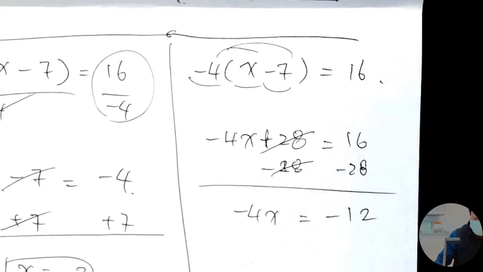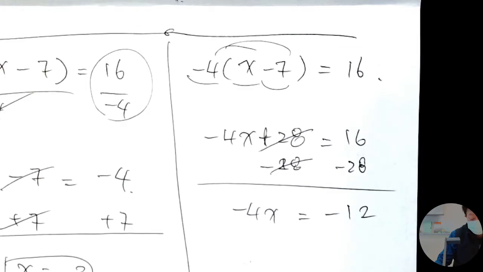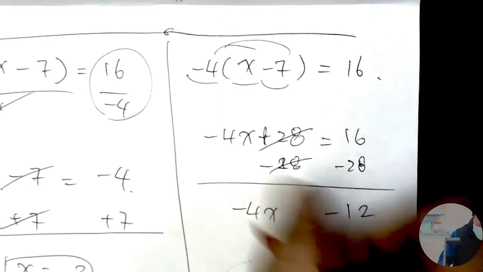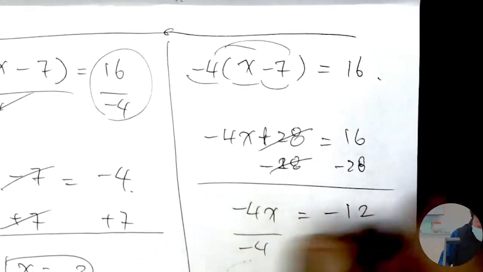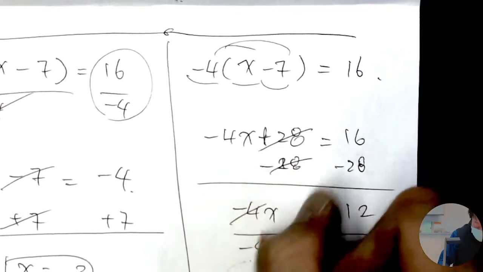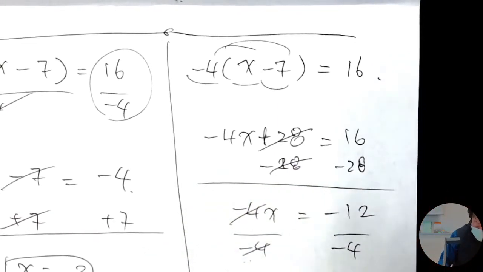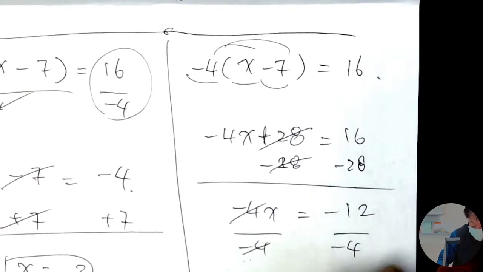Is it 12? Is it negative 12? All right, and then I divide by negative 4 on both sides. x equals negative divided by negative, it's positive, and that's exactly 3 times.